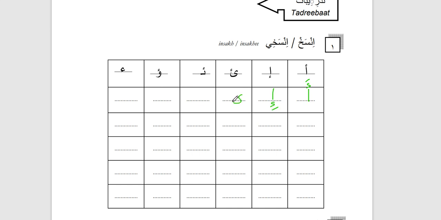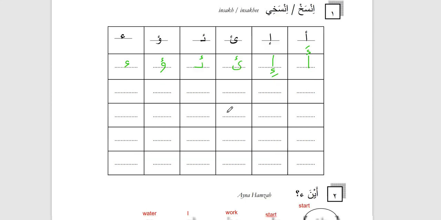And the dotless ya is very easy, and the sin is very easy, just like the ba, ta, tha, noon, all those letters we practiced before. And waw with the hamza above and hamza isolated. It's really very easy, nothing very difficult here, nothing to explain here much.